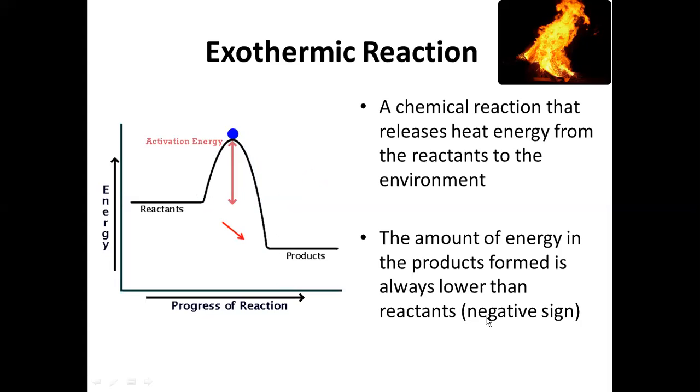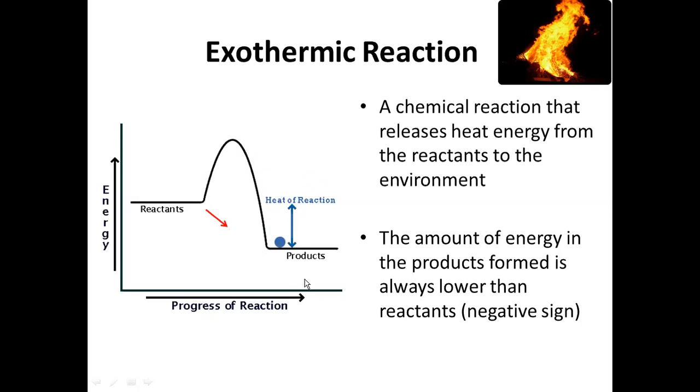There's a way to represent this numerically, and we would have a negative amount of energy. Even though there's no such thing as negative energy, a negative symbol means energy has been released. So if we see a negative associated with energy, joules or kilojoules, it means energy was released to the environment.